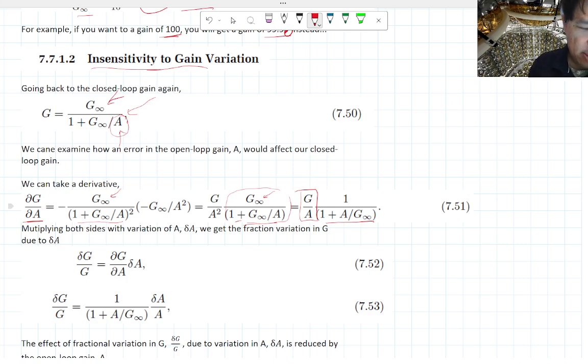Now we multiply both sides of this equation by the variation in A, meaning you don't know how big this open loop amplification is. It could be 25,000, it could be 26,000, so the variation in that is 1,000. That's what this delta A represents.